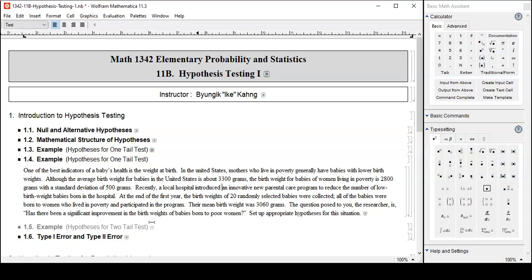Okay, we have all these numbers. How do we set up appropriate hypotheses? The final question here is, has there been a significant improvement in the birth weight of babies born to poor women? Based upon that, set up appropriate hypotheses.